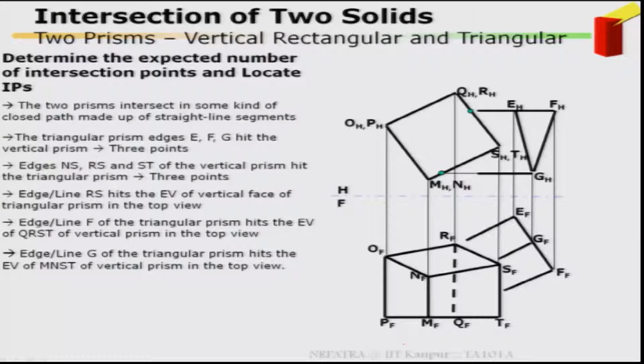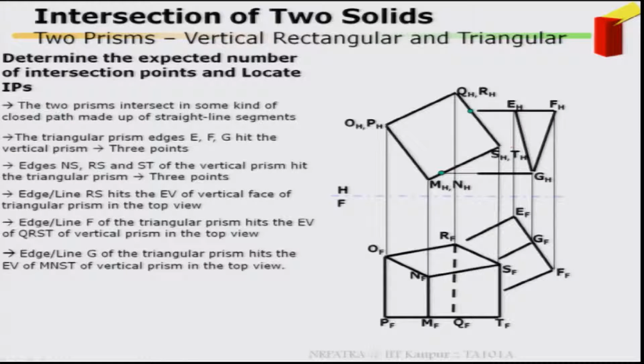The triangular prism edges E, F, G hit the vertical prism at 3 points. Edges NS, RS, ST of the vertical prism hit the triangular prism at 3 points.